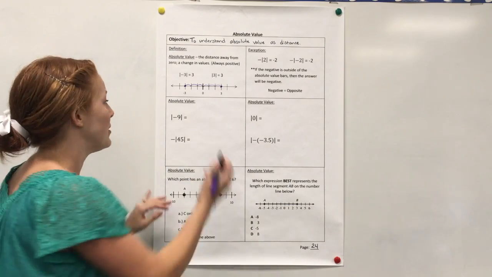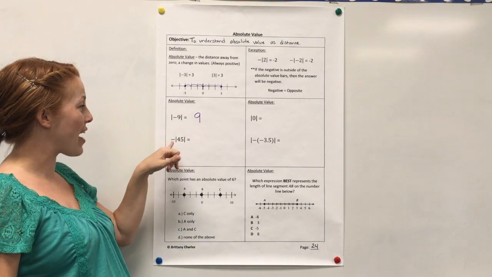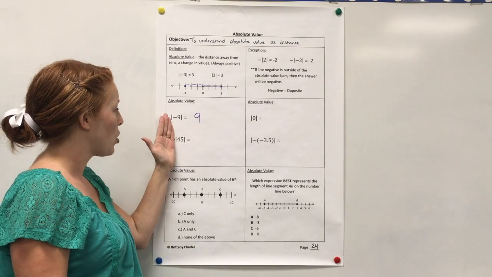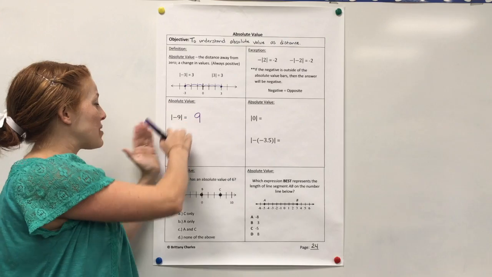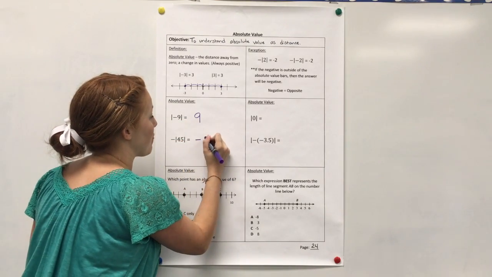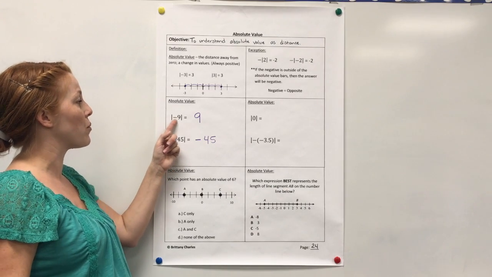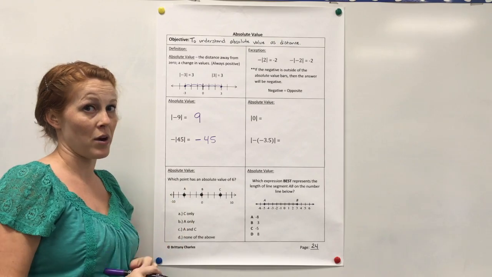It's 9 away, so that would just be 9. Okay, here we have the opposite of the absolute value of 45. Well, 45 is 45 away from 0, and the opposite of that would be -45. So you can see this carried over into our answer because it was outside of the absolute value bars.